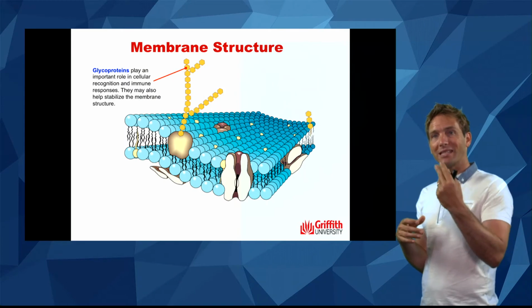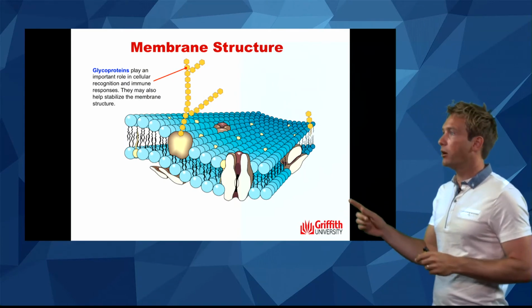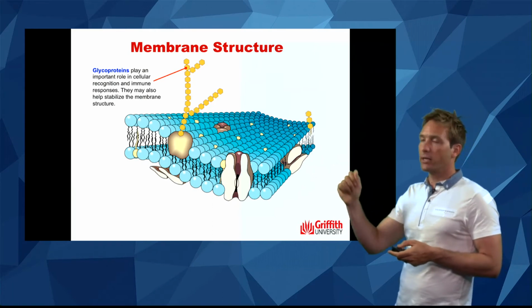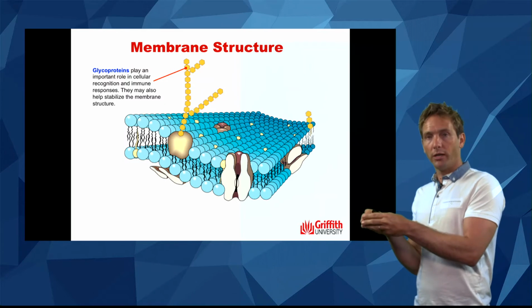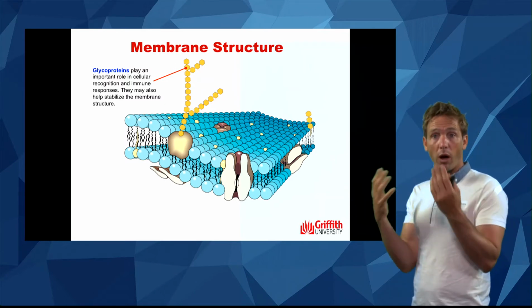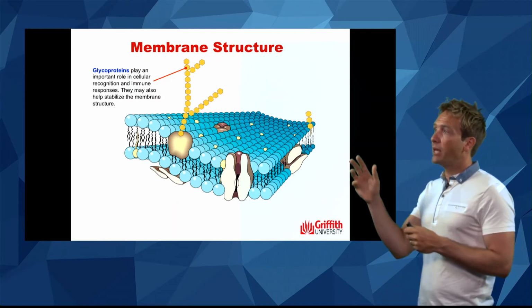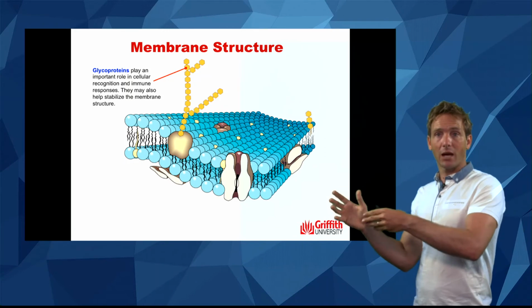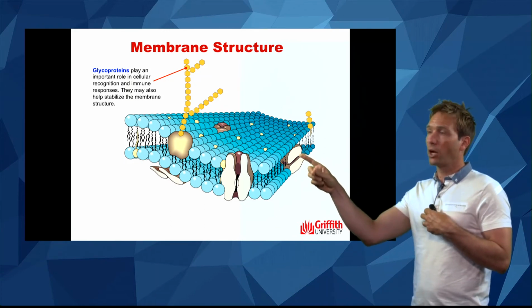And they can't see because they don't have eyes and it doesn't function that way. So what they are reliant on is these glycoproteins. These glycoproteins identify what is your body and what is not your body. So if a white blood cell, a protection cell, runs into another cell, it can identify whether that cell is your body by identifying using these glycoproteins.